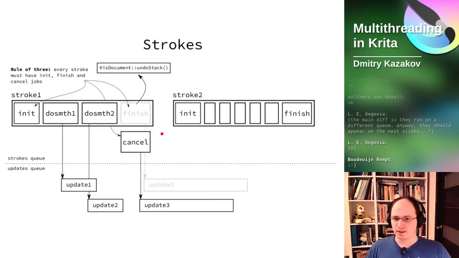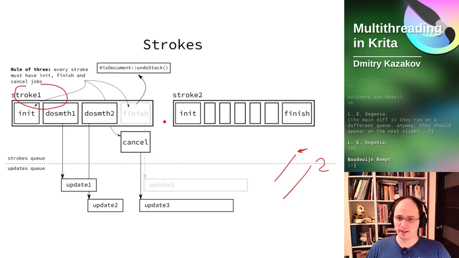Now let's imagine that the user did two strokes on the canvas, like here. So this stroke is the first one, and this one is the second stroke. Both strokes are put into the queue, and since we are executing them in the strokes queue, all the jobs in the strokes queue are executed sequentially.